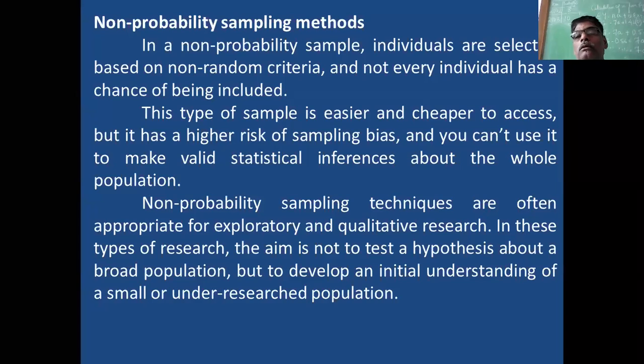If you want to study the persons related to your topic, that is called the non-probability sampling method. Okay, remember this. Probability sampling is applicable to quantitative research and non-probability sampling method is applicable to qualitative research. This is the point you remember.